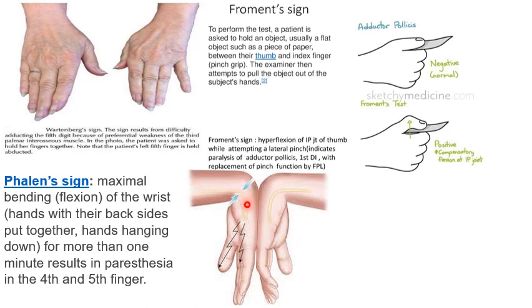Then the patient can experience the tingling and numbness, pins and needle sensation and paresthesia that is seen in 4th and 5th finger, that is the medial 1.5 finger and medial half of the hand. So these are all the tests that are done to confirm that the injury is to the ulnar nerve.